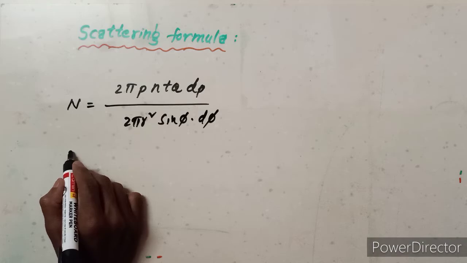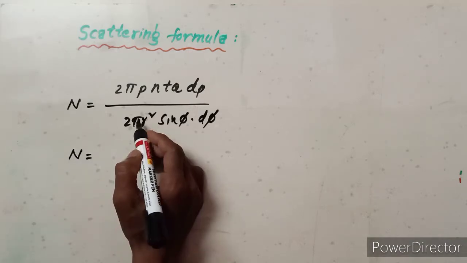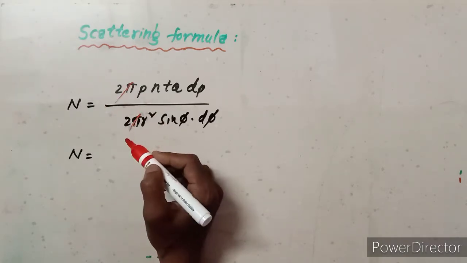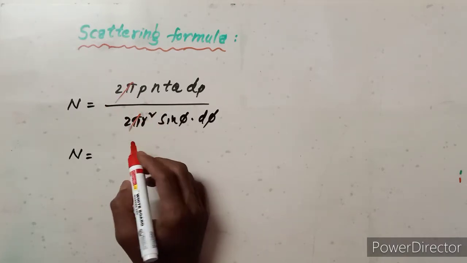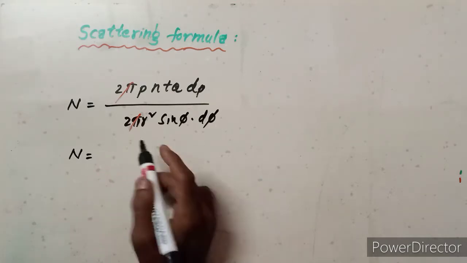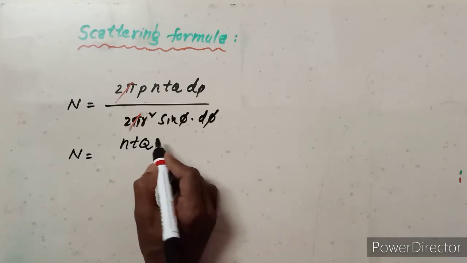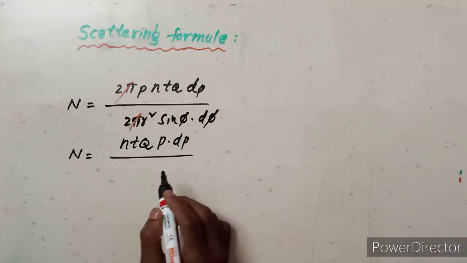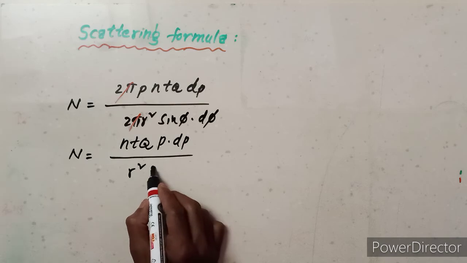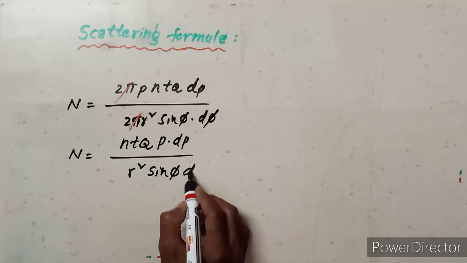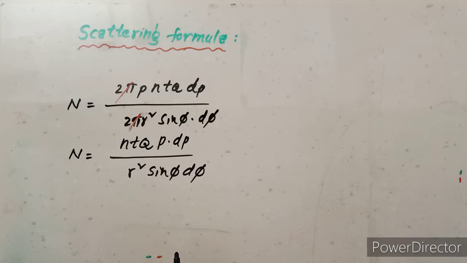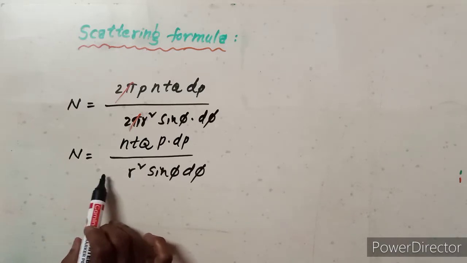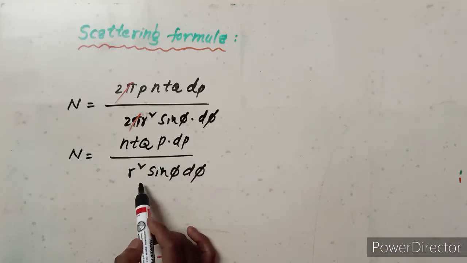So N equals, 2 pi is common, the remaining is NTQ P dP upon r square sin phi d phi. Okay, this is the scattering formula, N equals NTQ P dP upon r square sin phi d phi.